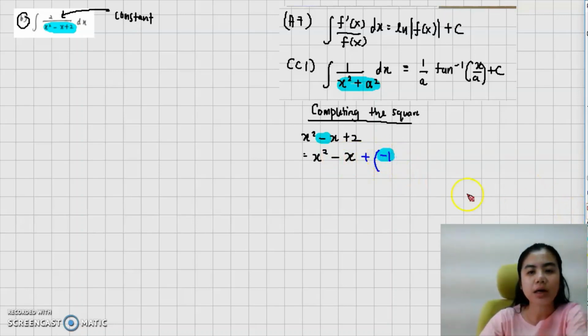Remember, it always has to be divided by 2, close the bracket and make sure you add a power of 2 here. Once you have added an item in here, in order to make sure that you do not change the polynomial, you need to subtract it back. So we copy back exactly the same item that we added just now. Don't forget the plus.